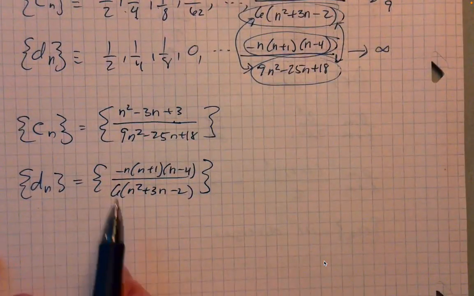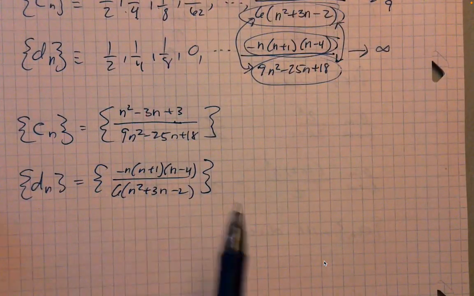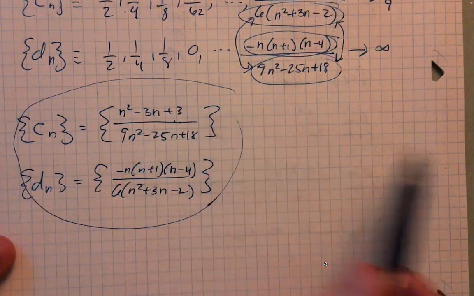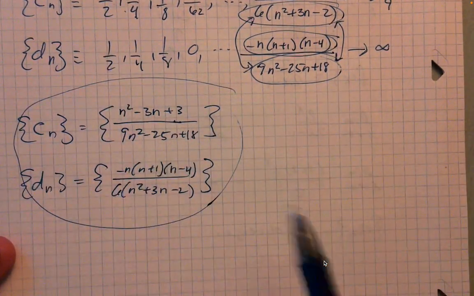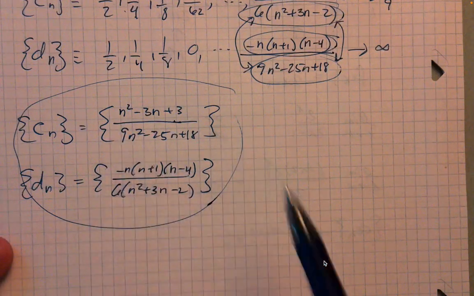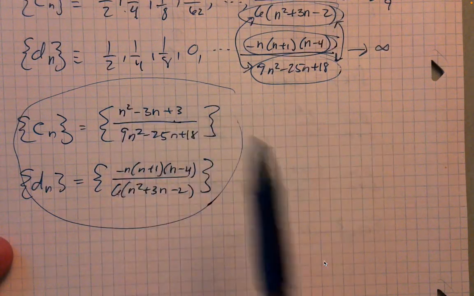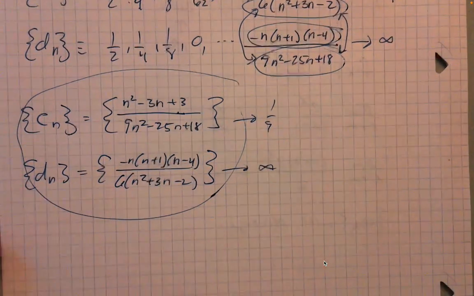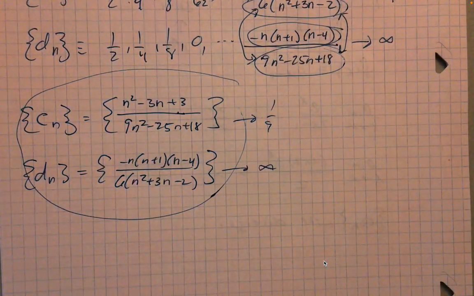That's a complicated nth term. They can certainly be more complicated, as complicated as you like. But these two start out the same. They have the identical first 3 terms, and then they start to behave differently. This one goes to 1/9. This one diverges. Okay, so that's what I mean.